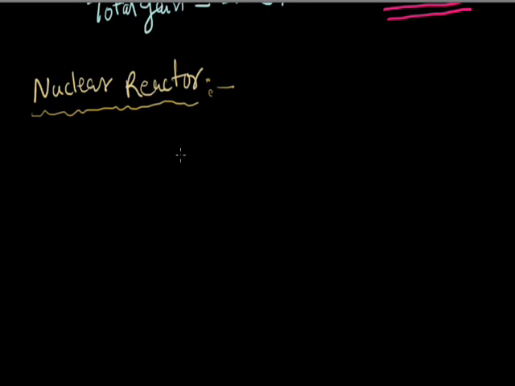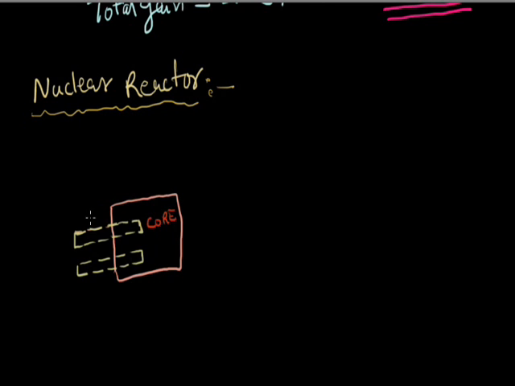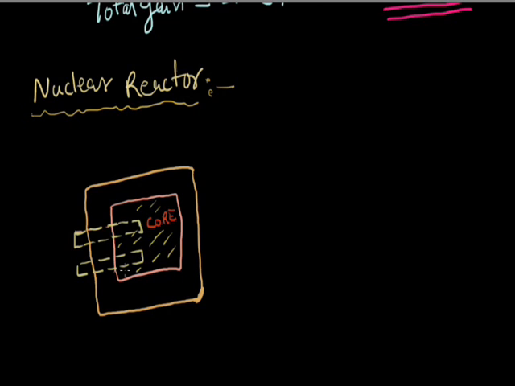It's a ray diagram of a nuclear reactor. We have a core, we have control rods, we have a layer of reflectors. Inside the core, the nuclear fission is taking place, and the control rod will control the process.